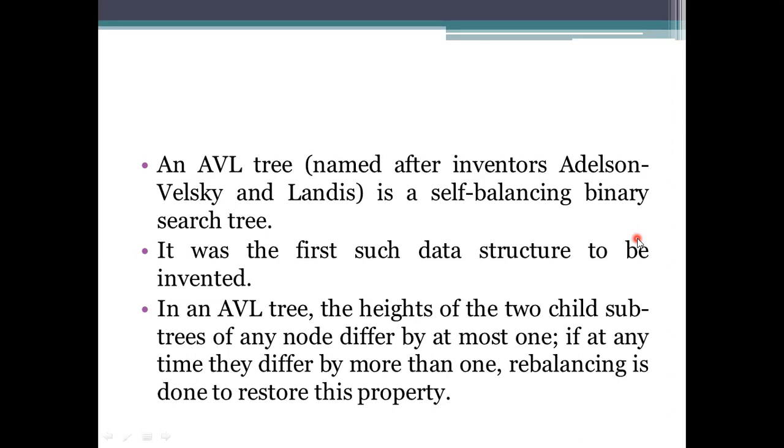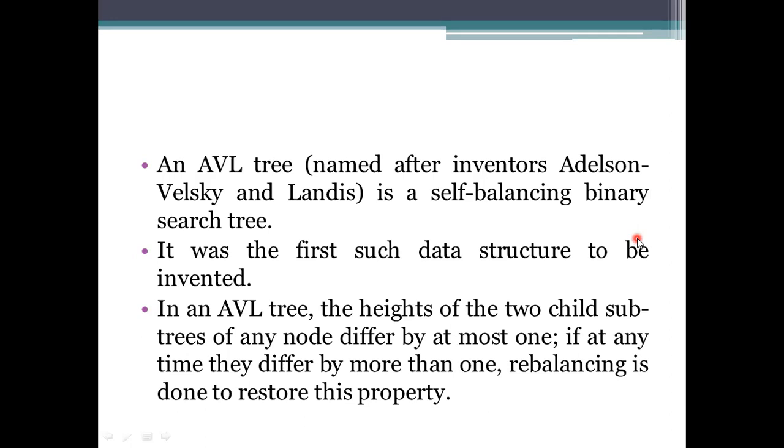Likewise, the AVL tree also has to maintain this balancing property. The balancing depends on the height, or the child nodes, that we calculate, which is taken into the balance factor.